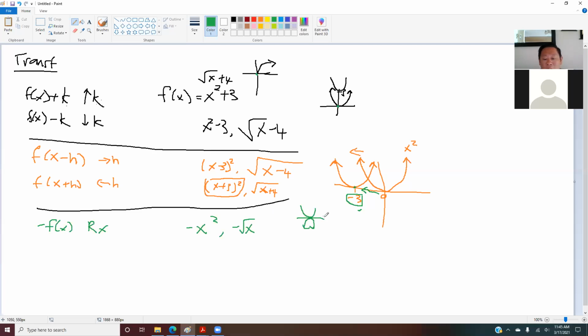This is the meaning of reflection on the x-axis. You flip it. If it's up, you flip it down. If it's down, you flip it up. You got what I'm saying? Yep. And if your negative is inside your x, this is a reflection on the y-axis. So every time I say inside, you have to parenthesize this.